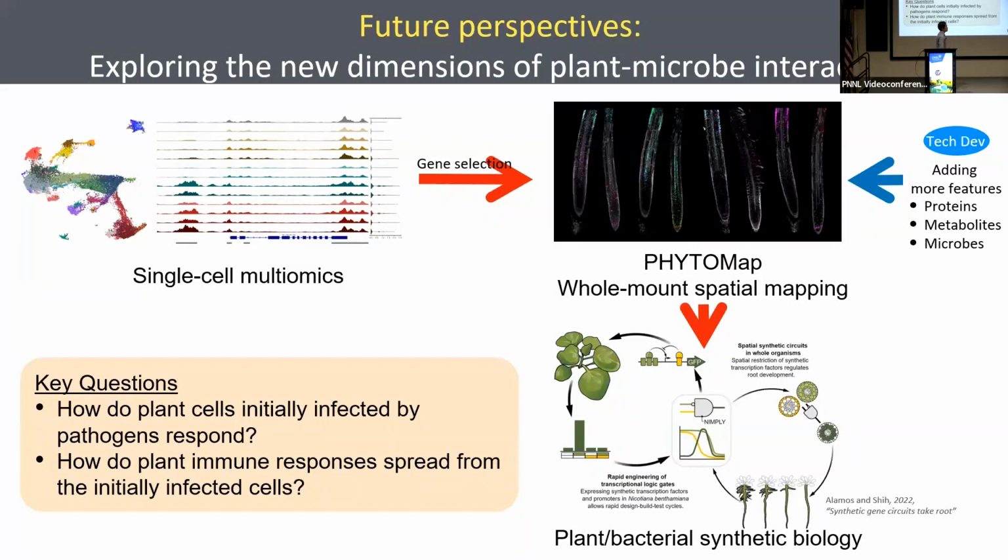I think it's a great idea to do whole mount spatial mapping, but since you're using fluorescent labeling, the signals are essentially fluorescence, so it's still going to be limited by the thickness. You're going to use a laser to penetrate the sample in order to have the fluorescence emission, so it's going to be limited by the thickness of the tissue.